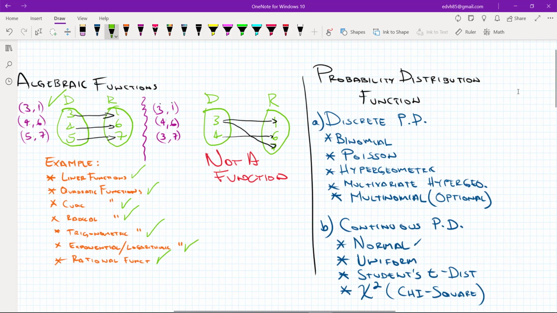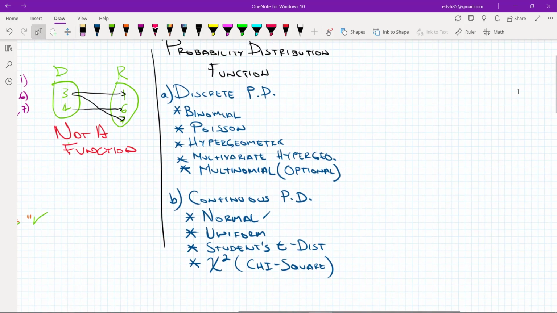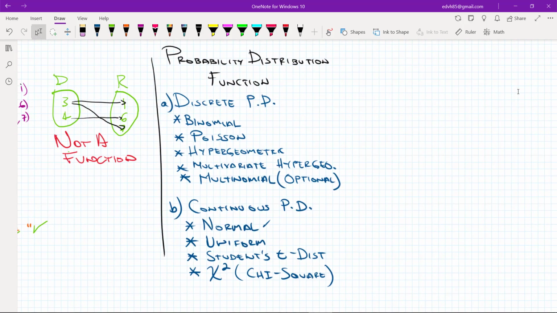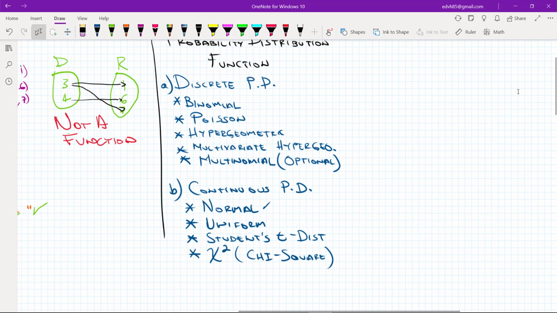Now, for this chapter, we are going to look at probability distribution functions. The first one that we are doing right now is just the structure of what a probability distribution is, and what their characteristics are.